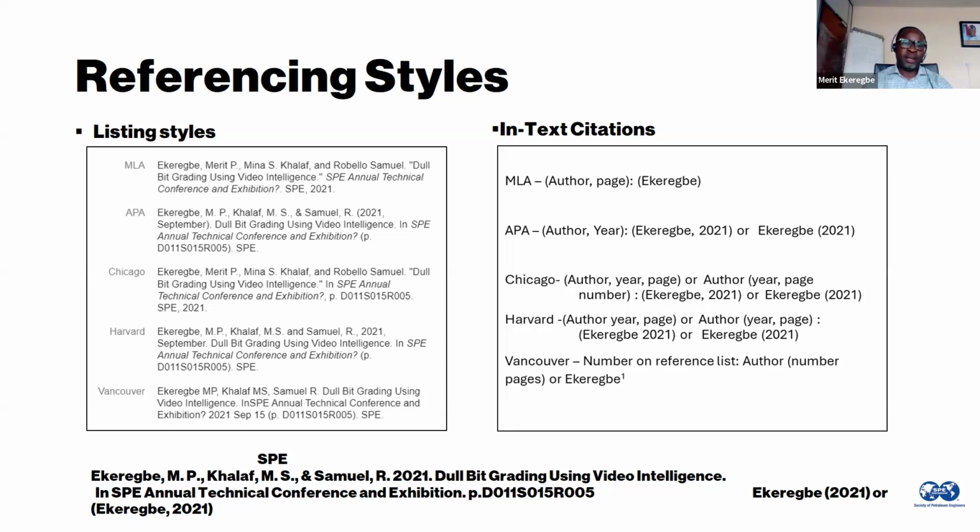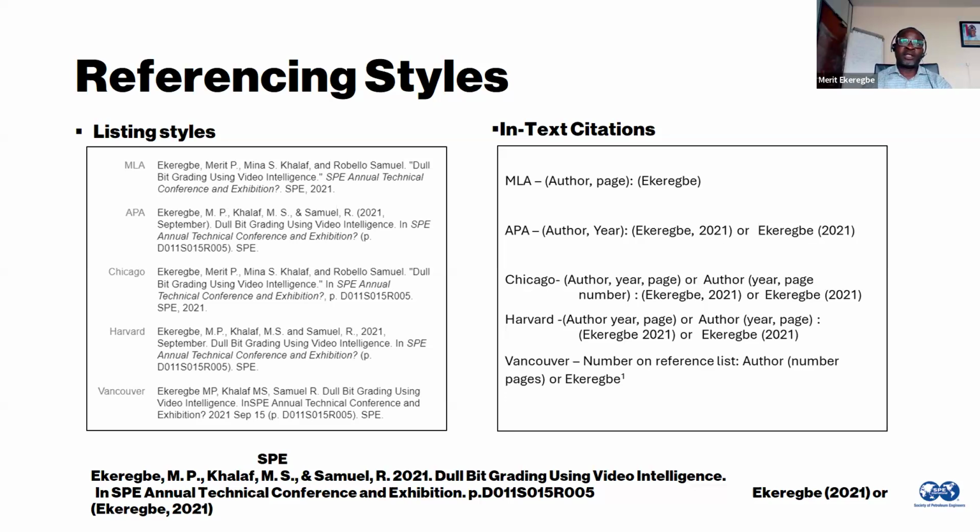We have different referencing styles. A few of them are presented on this slide, but the most topical is the SP version, which is probably a combination of Chicago and Harvard. You take some elements from Chicago and some from Harvard. There are different ways we can do in-text citation: narrative citation and parenthetic citation.